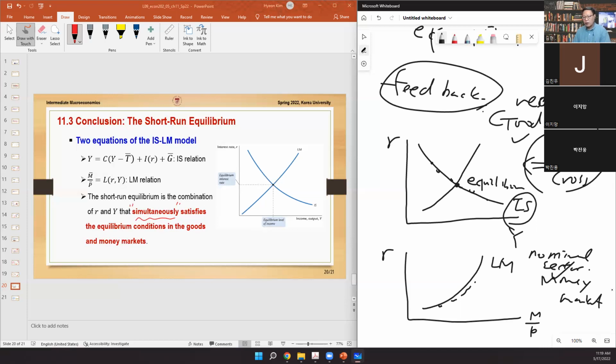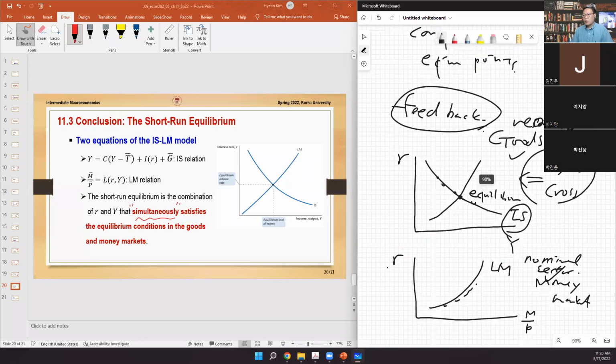In other words, it will be adjusted in the long run. In the middle of the process, we'll have some positive or negative change in your real sector, but we'll go back to the origin in the long run. So this is the general relationship between short run and long run.